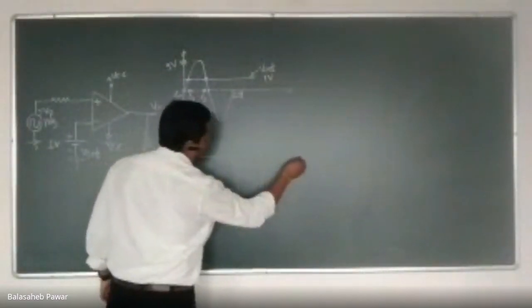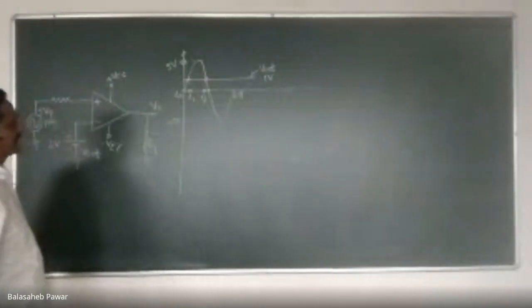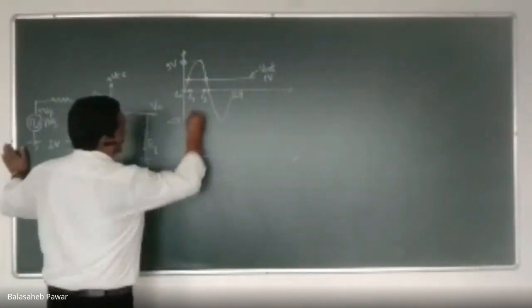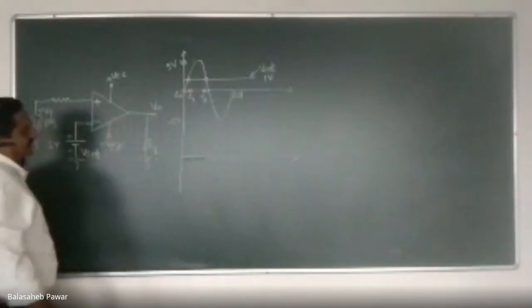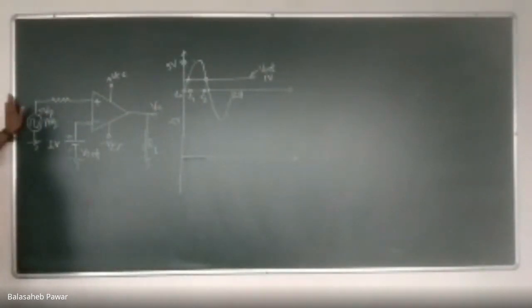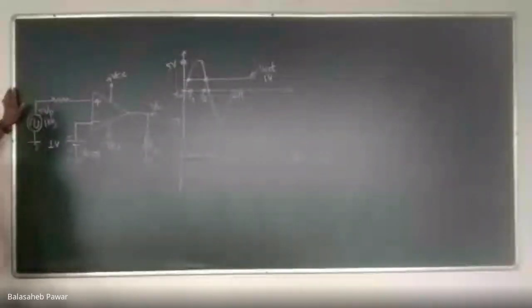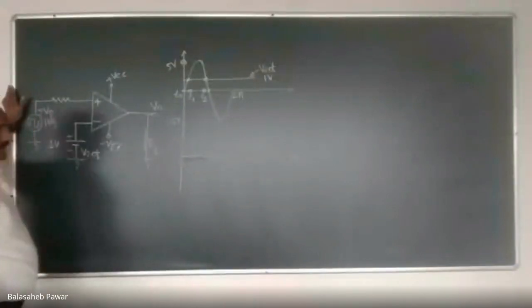Now, our op-amp, having very high open loop gain, will provide the output. What do you think? For the time period T0 to T1, what will be the output of the op-amp? For the time period T0 to T1, the reference signal is dominant as compared to the sine wave, correct?